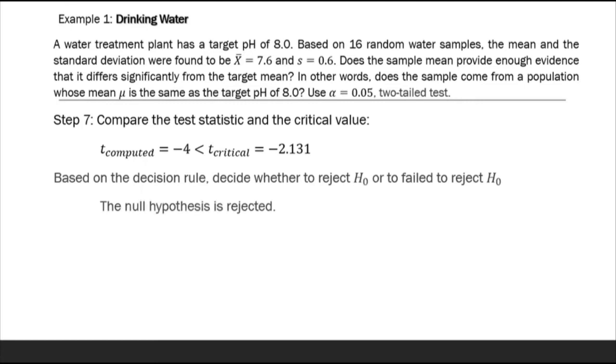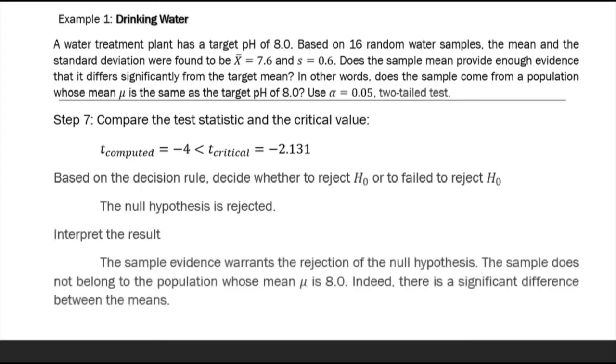The null hypothesis is rejected. Then the last, interpretation: the sample evidence warrants the rejection of the null hypothesis. The sample does not belong to the population whose mean mu is 8.0. Indeed, there is a significant difference between the means. And that's all.